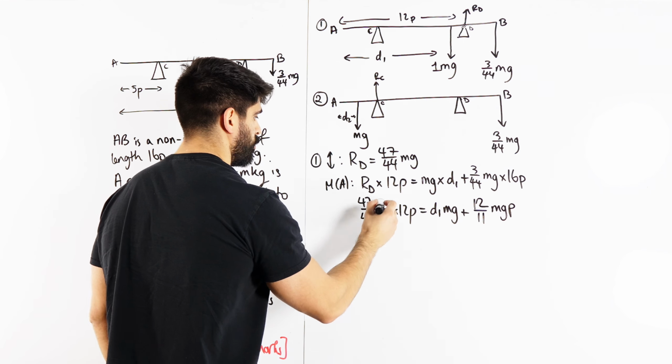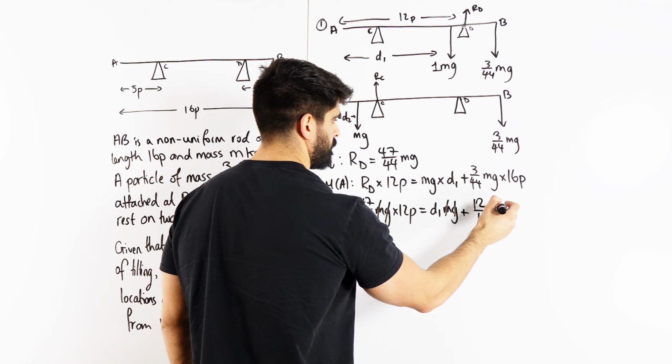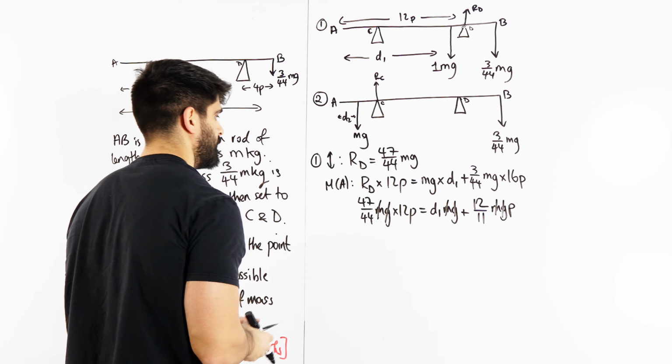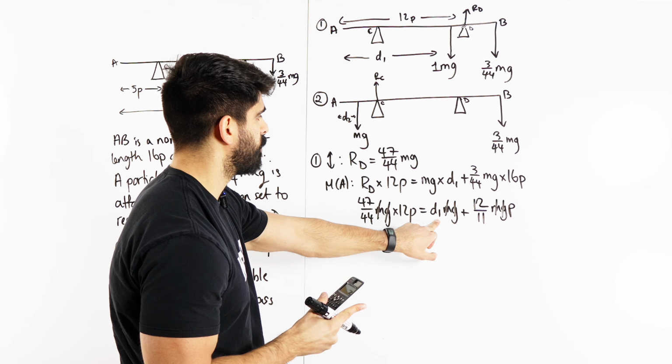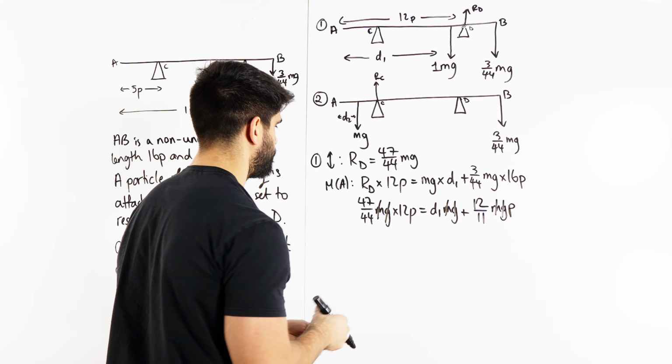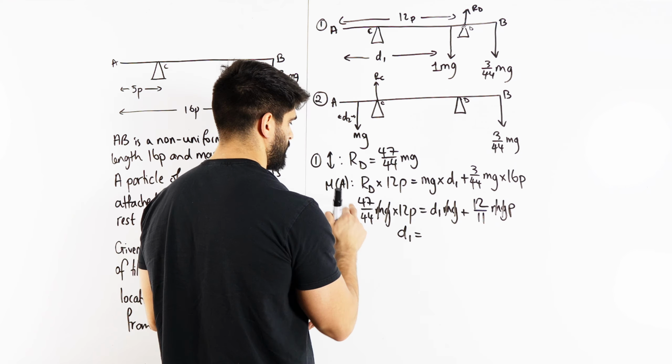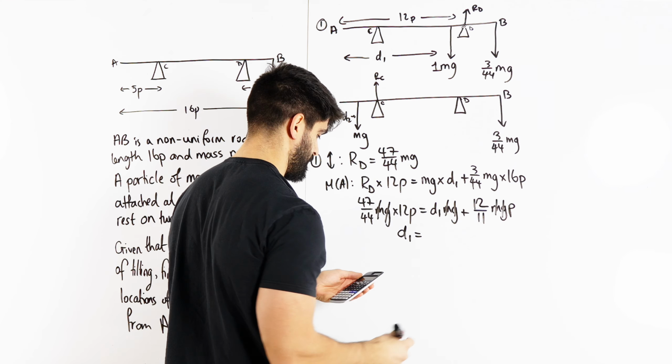Now you can see that all the mg's cancel, which is good stuff. That should always happen. Wait, d1 could be rearranged here. d1 is this times 12 minus the answer I've got here.